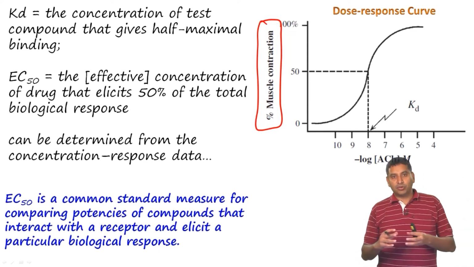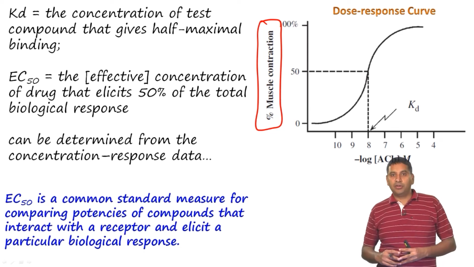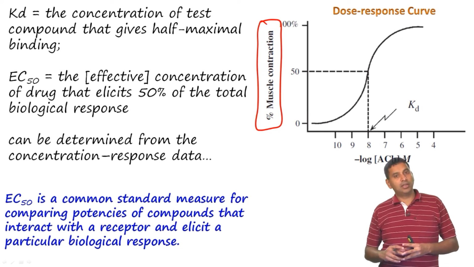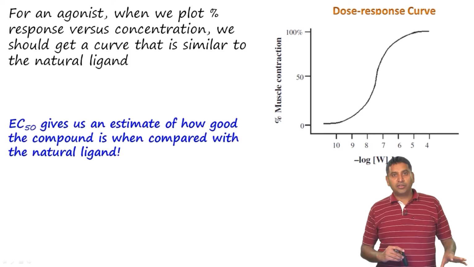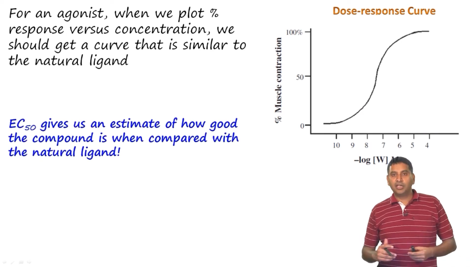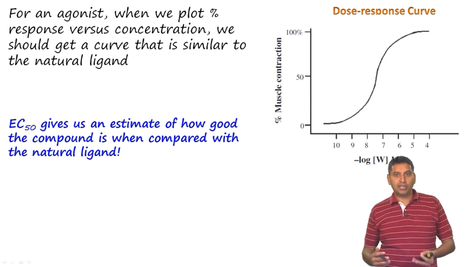Therefore, from this concentration response data or a dose response curve, we can measure EC 50 of the agonist or ligand. Okay. For an agonist, when we plot percentage of response versus concentration, we should get a curve that is similar, if not identical, to the natural ligand.